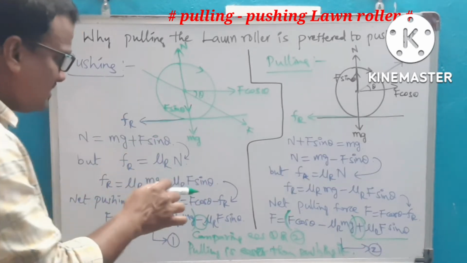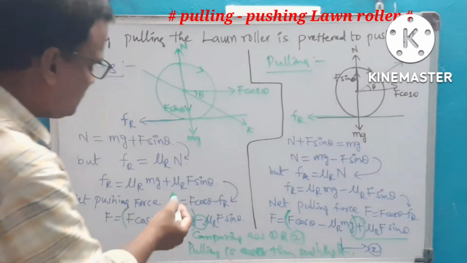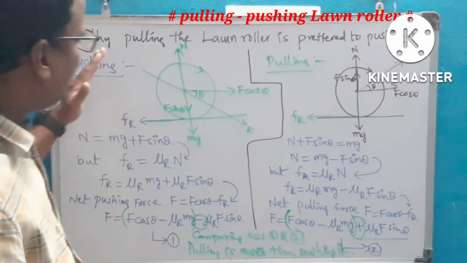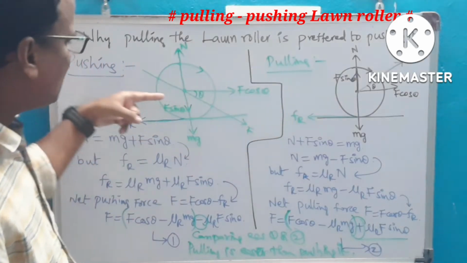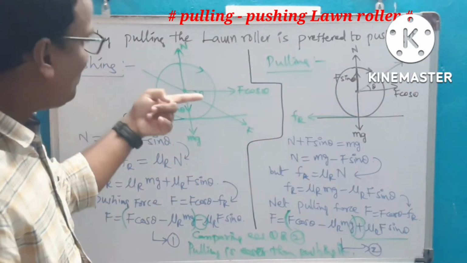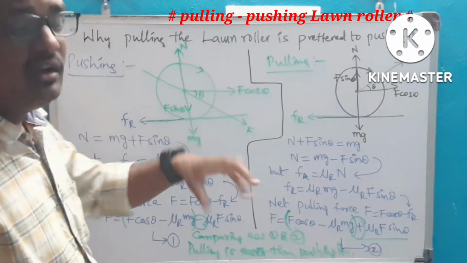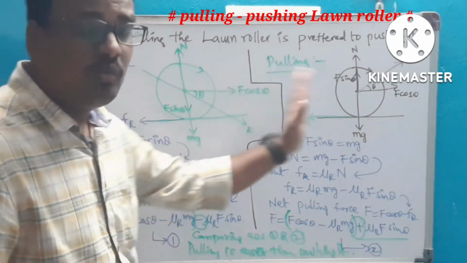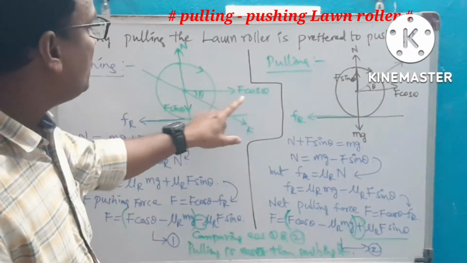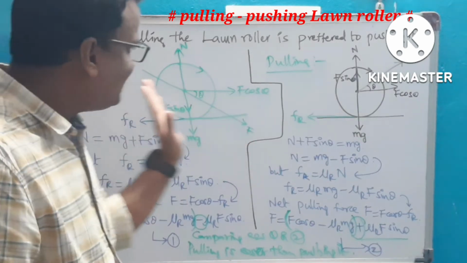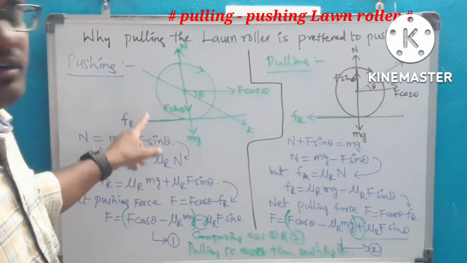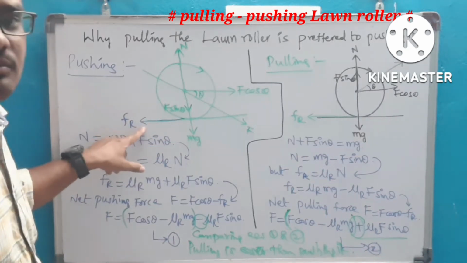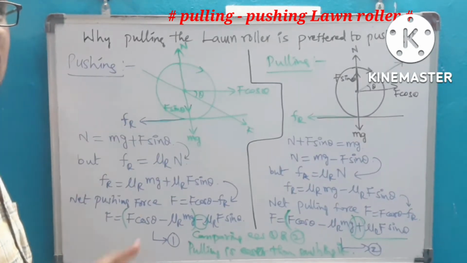So now the net pushing force F. Here only the horizontal component is applied to the lawn roller to move it in the forward direction. So F cos theta is applied in the horizontal direction, but the counter force, the rolling friction force, is applied in the backward direction.